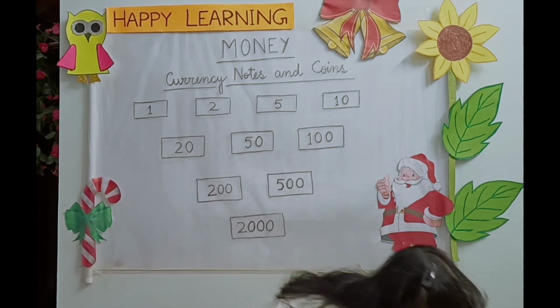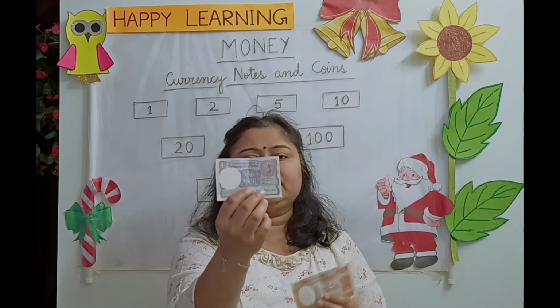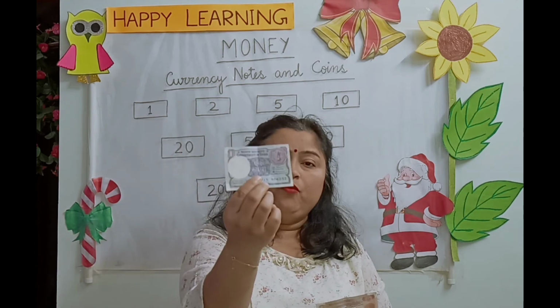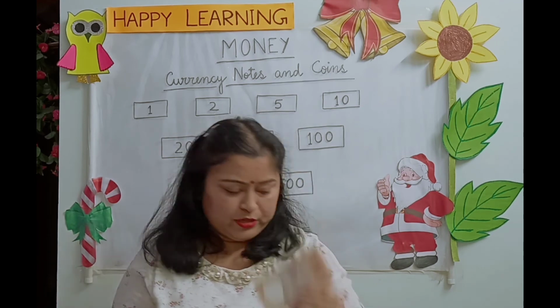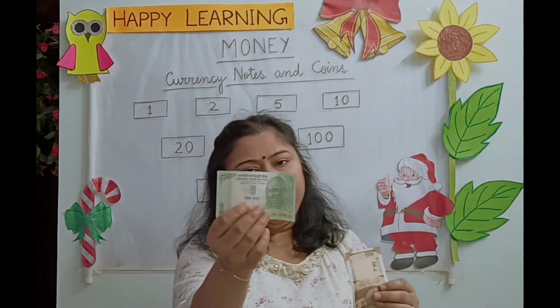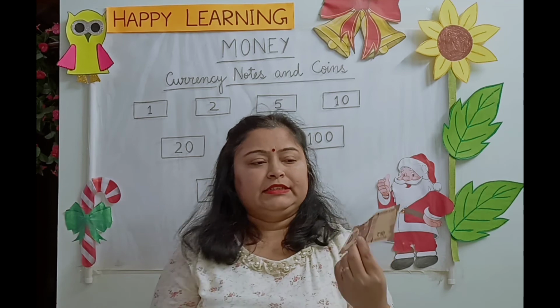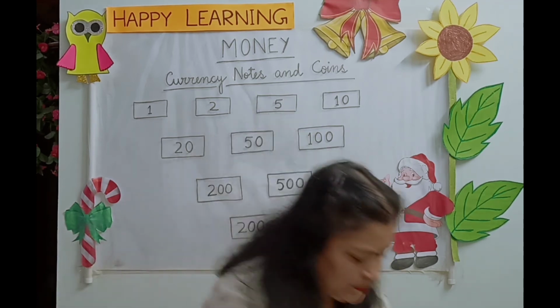Again, fast revise it with me. This is a currency note of 1. This is a 2 rupees note. This is a 5 rupees note. And again, this is a 10 rupees note.